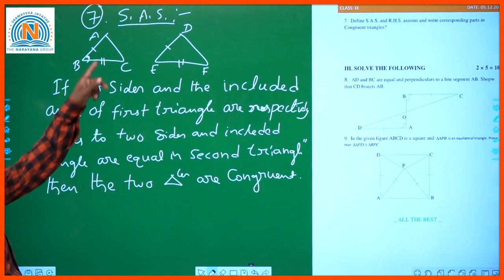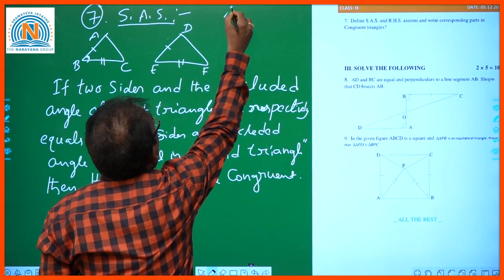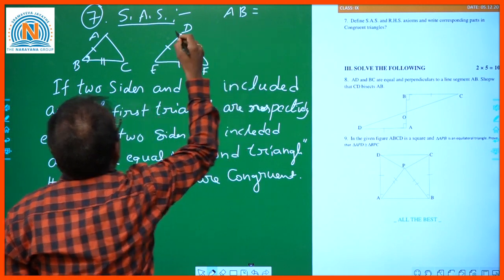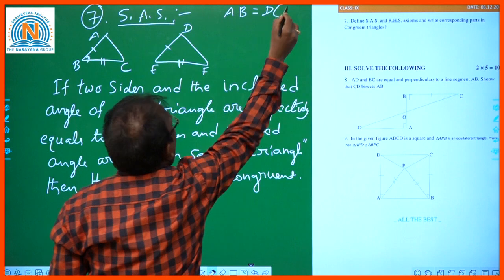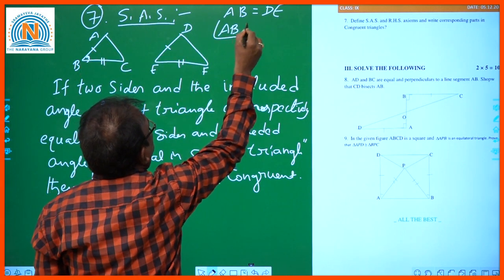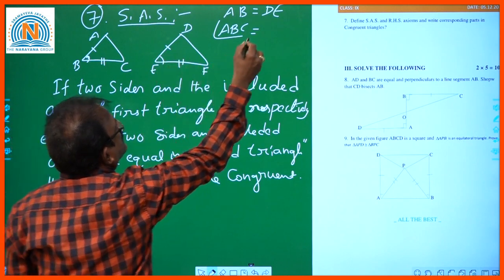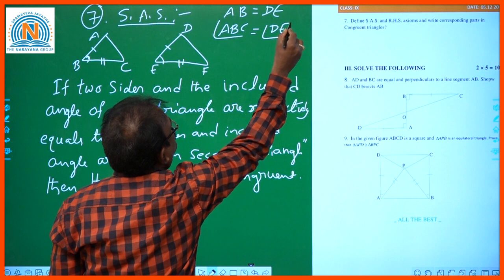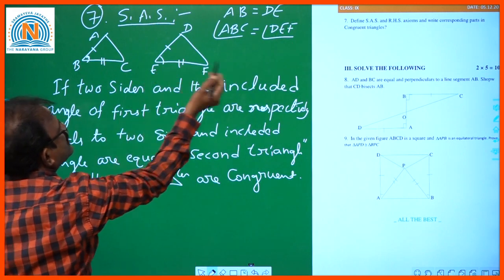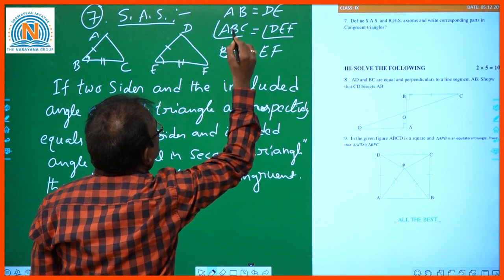Okay children, two sides, one included angle. That means what are the given? AB is equal to DE and included angle ABC is equal to angle DEF. Okay, and BC is equal to EF.